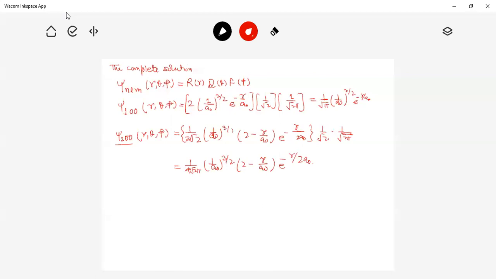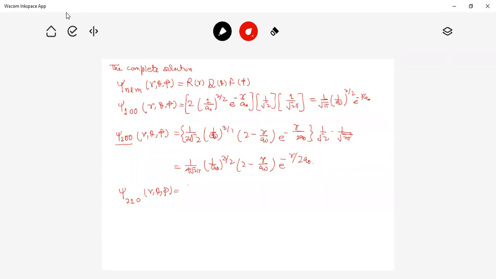For example, suppose we have to write psi 2 1 0 (r, theta, phi).